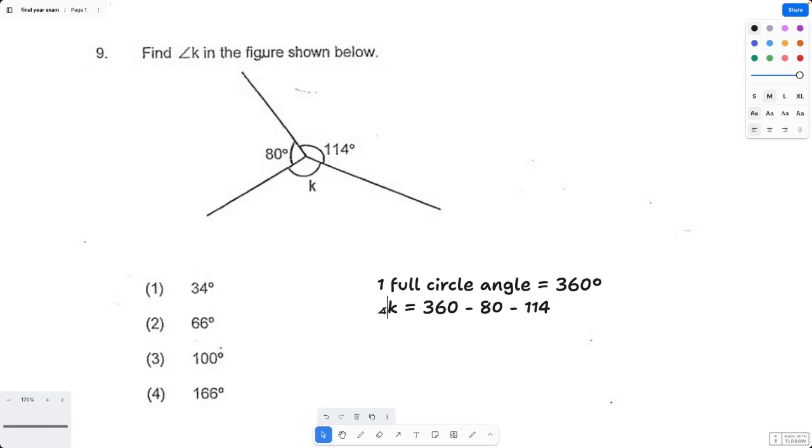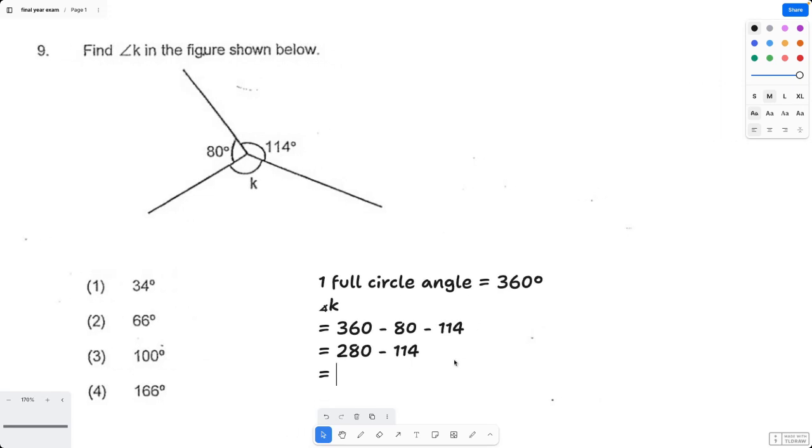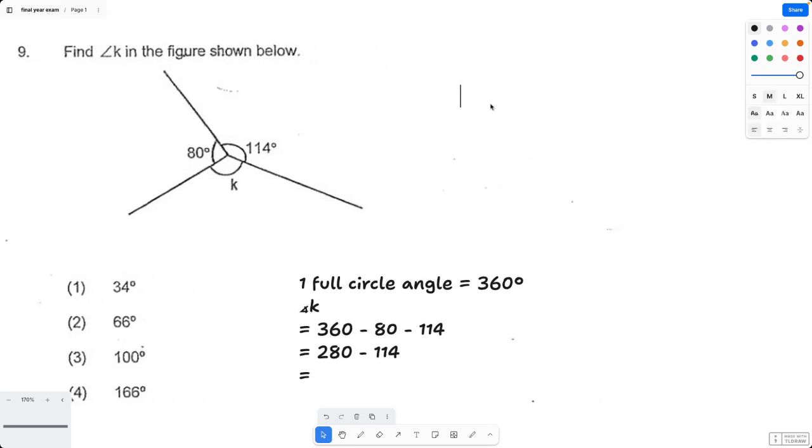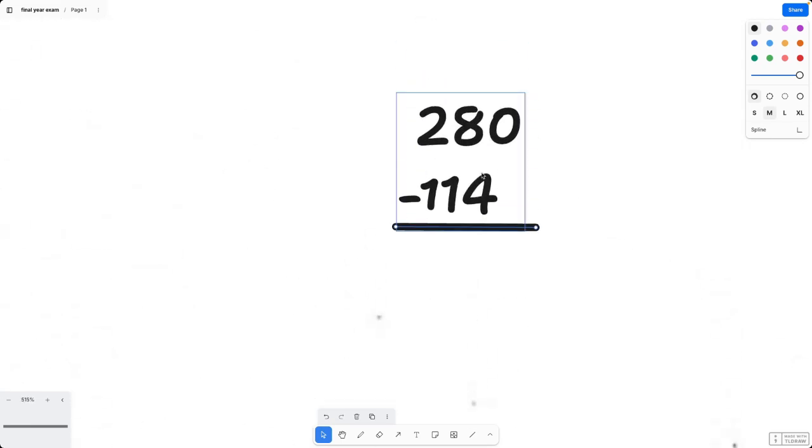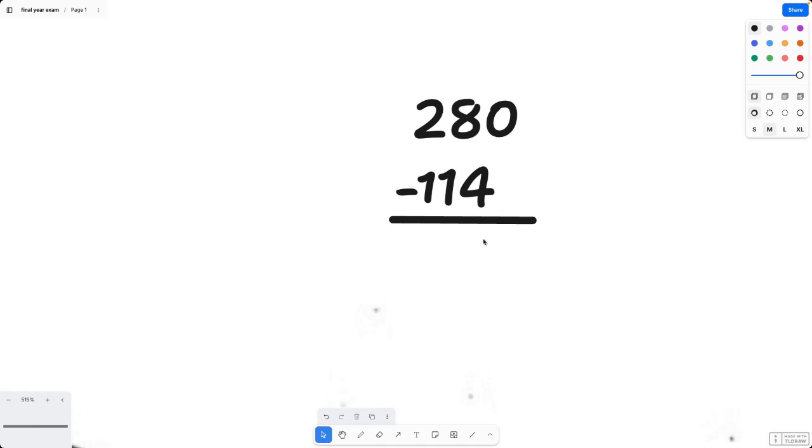Okay, let's break this down. 360 minus 80 should be 280, minus 114. If you want to subtract this, you can do your workings. I recommend you do your workings. 280 minus 114. So what is 280 minus 114? 0 minus 4 will give us 6.